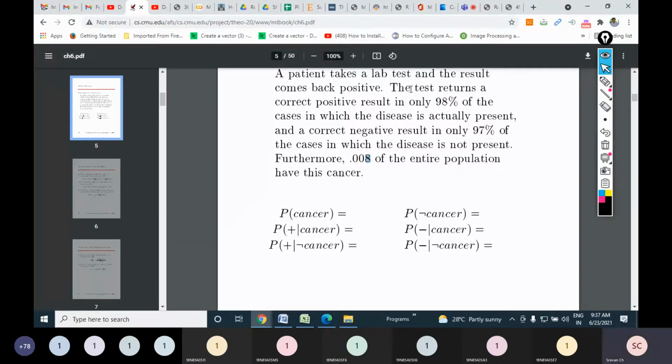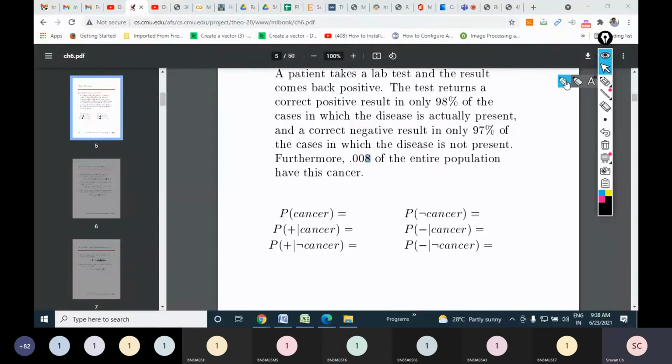Out of 100 people who really have cancer, if I do a test on them, 98% will get a positive result, which is the correct answer. But for the remaining 2 people, even though they have cancer, the test shows that they do not have cancer, because the correct positive result is 98%. For this we have used a word. What was that word?